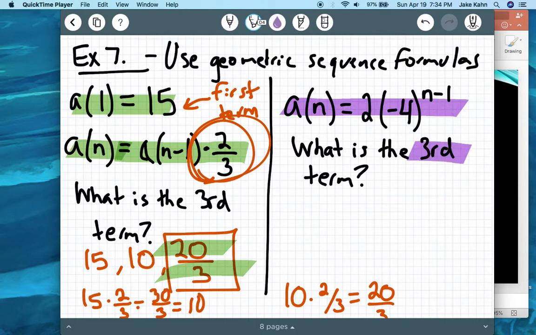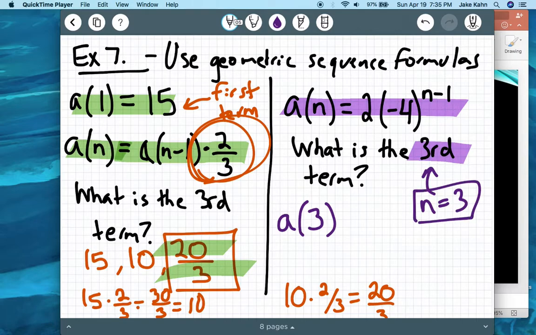All we have to do when we are asked that question for an equation like this is plug in n equals 3 to this equation. We are going to plug that n equals 3 in here and here. So it will read now a of 3 is equal to 2 times -4 to the n minus 1 power, which means that we have 3 minus 1 power.